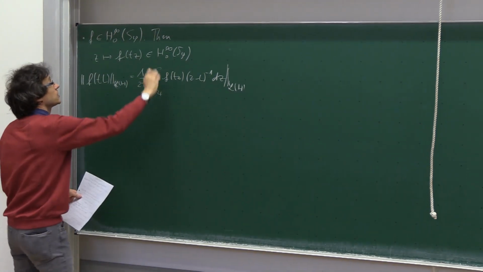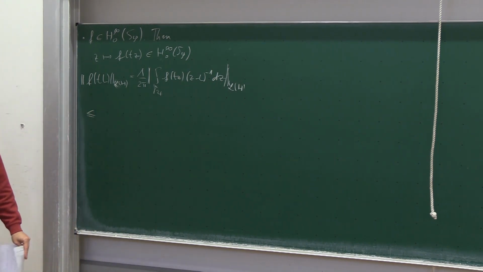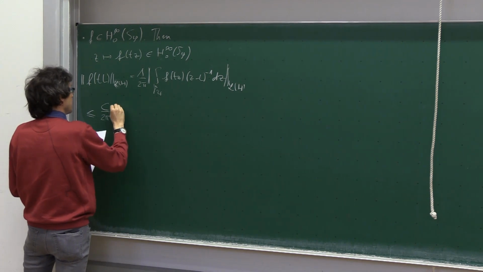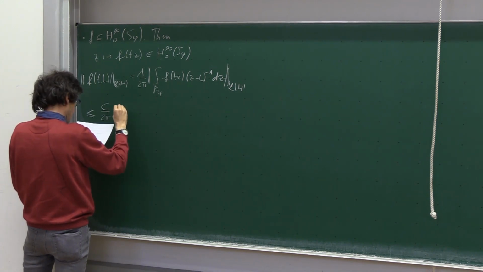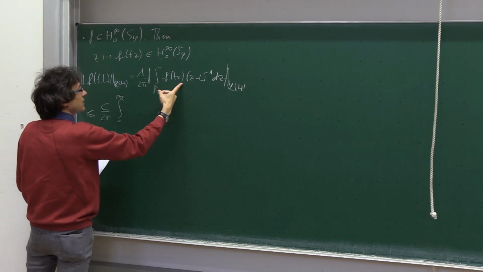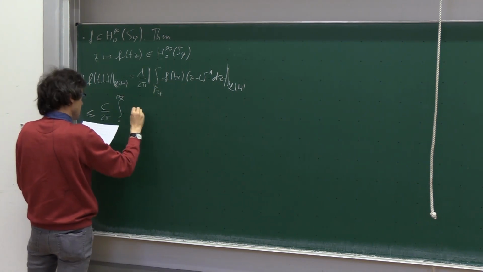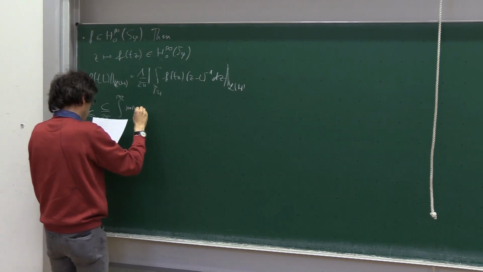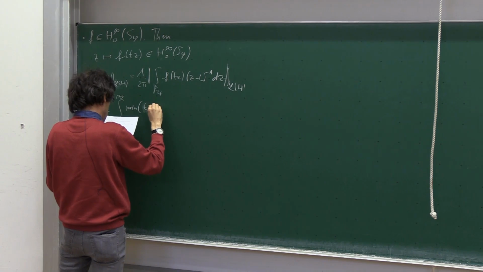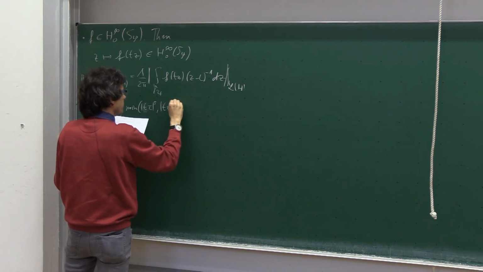And now you use that this function decays polynomially at 0 and infinity, so there is some constant c such that, so take the norm inside. This gives you an absolute value here. This you can estimate by some constant c times the minimum of t tau to the s and t tau to the minus s.